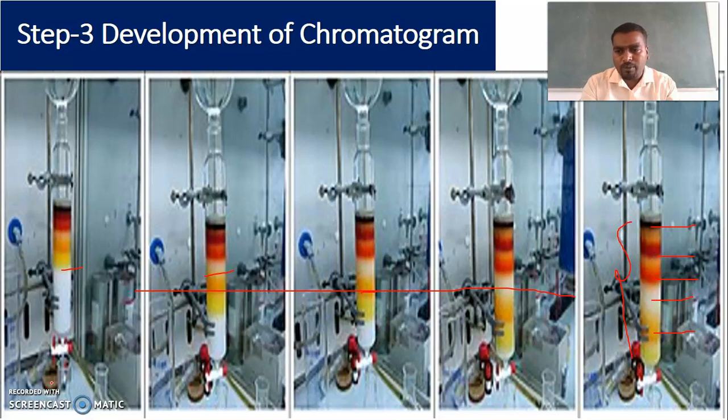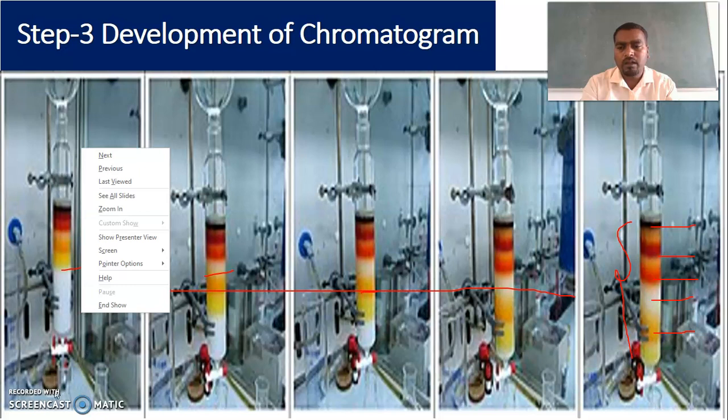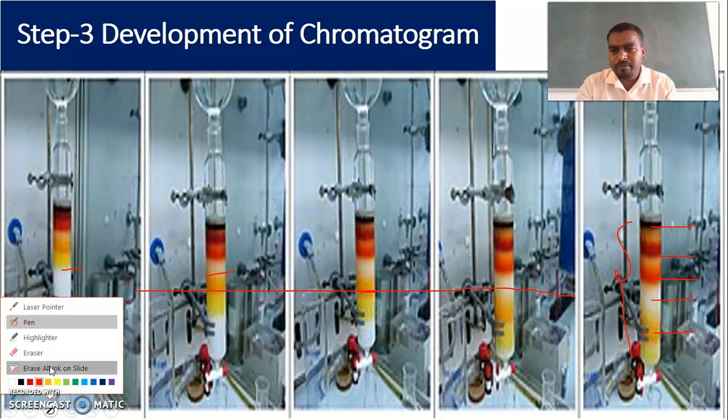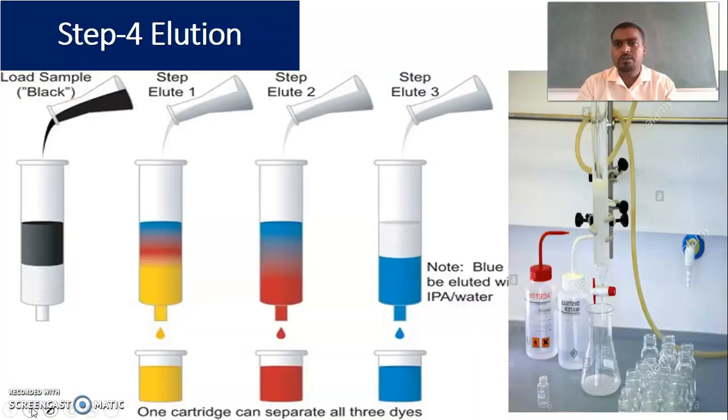Once the chromatogram is developed, step 4 is elution. Once these separated components are eluted, you can observe the different steps in the elution here. The one which is loosely held by the stationary phase comes out first, and the one which is strongly held comes at the end.